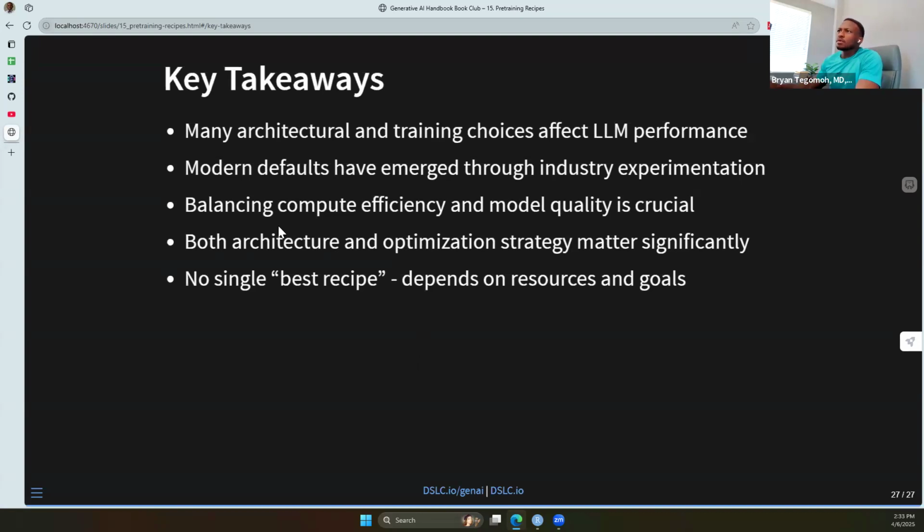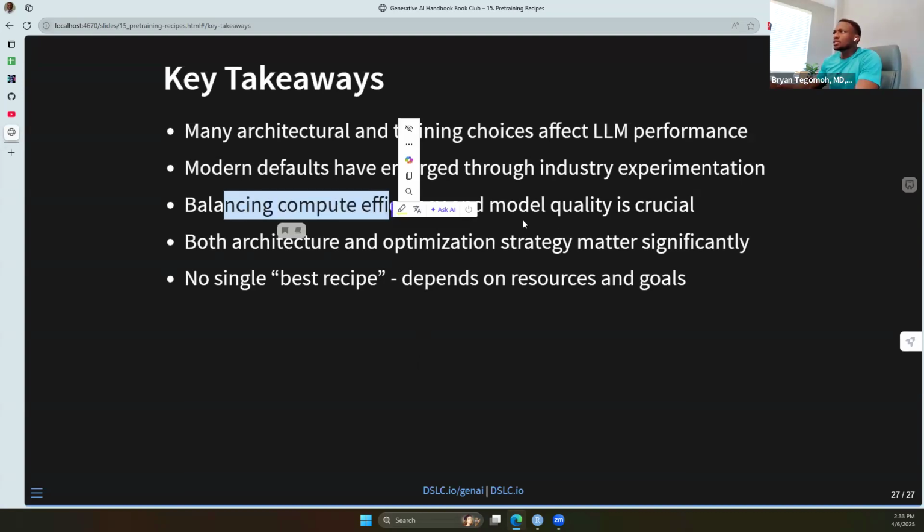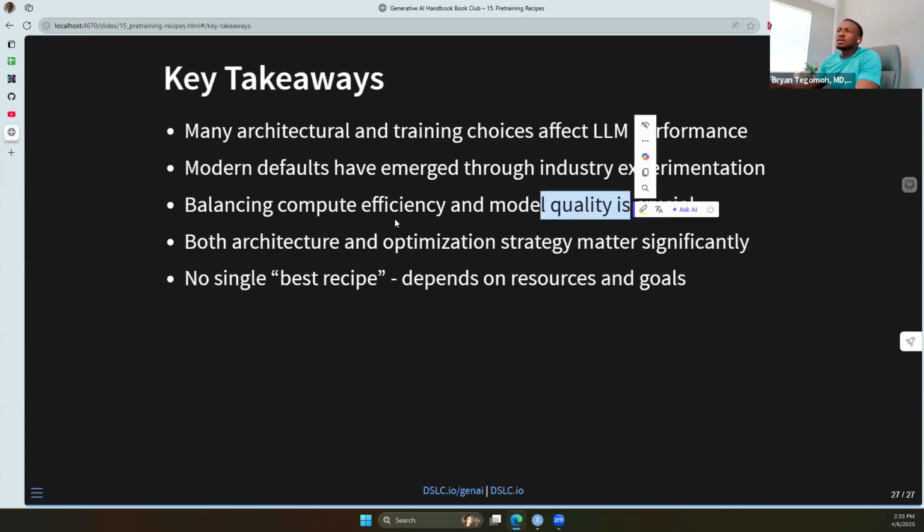We spoke about the importance of balancing compute efficiency and model quality, seeing those as crucial. Both architecture and optimization strategy matter significantly, and there's no single best recipe. It really depends on how many resources you have and specifically what the goals of the training are. So that's it for chapter 15.